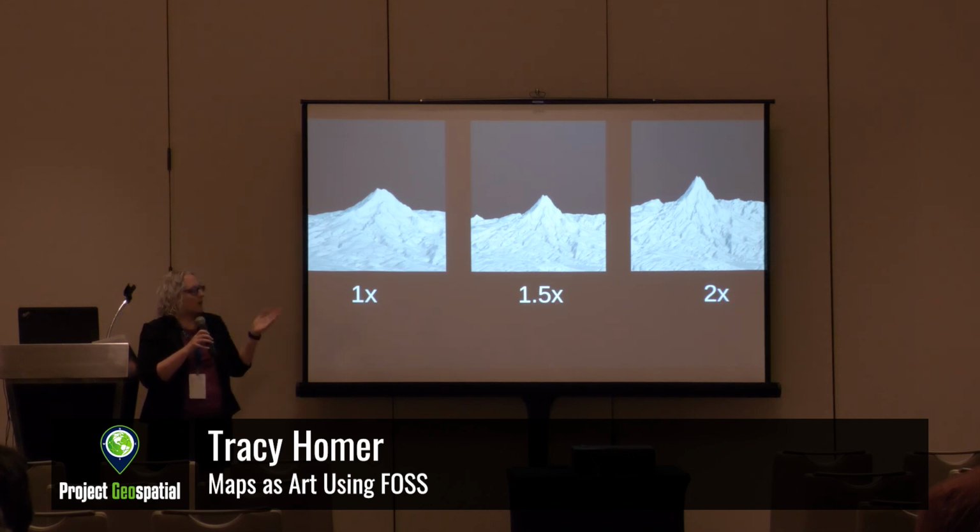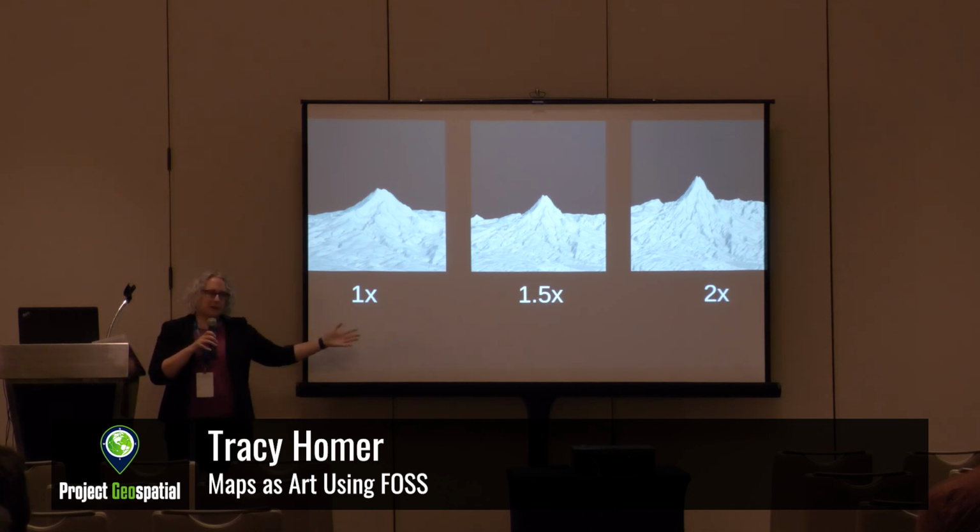And what I found between doing this one and doing the Appalachian Trail is the larger the area that you're mapping, the more exaggeration you're going to want. But you also have to be careful, because if you do a very large area, you might have a part that's very flat and boring, and then a part that's very mountainous and interesting.